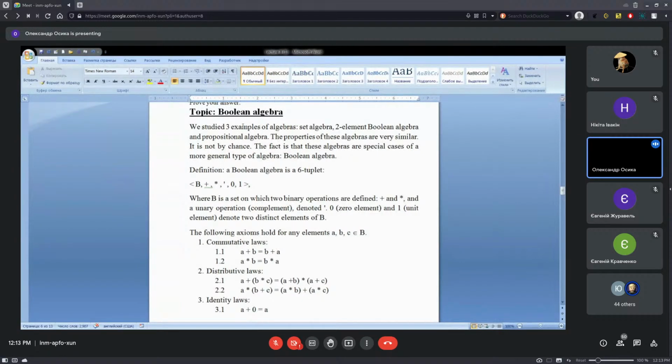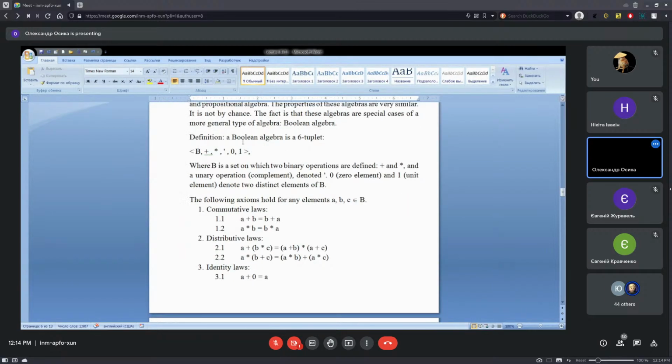We studied three examples of algebras: set algebra, two-element Boolean algebra, and propositional algebra. The properties of these algebras were very similar. It is not by chance. The fact is that these algebras are special cases of a more general type of algebra, Boolean algebra.